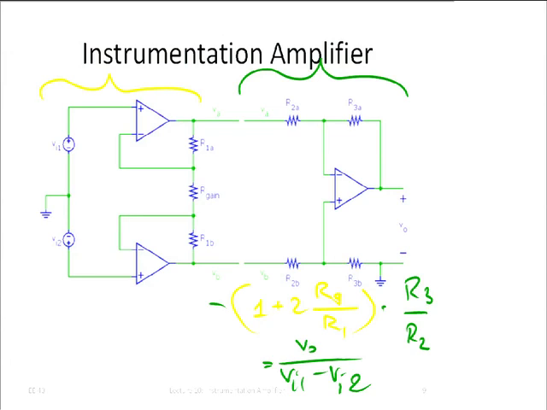Now I could, of course, very easily change this whole thing into a non-inverting amplifier simply by flipping my connections of VI1 and VI2. If I exchange these two wires, well, then I get a non-inverting amplifier. So the instrumentation amplifier can be used both as an inverting or as a non-inverting amplifier.